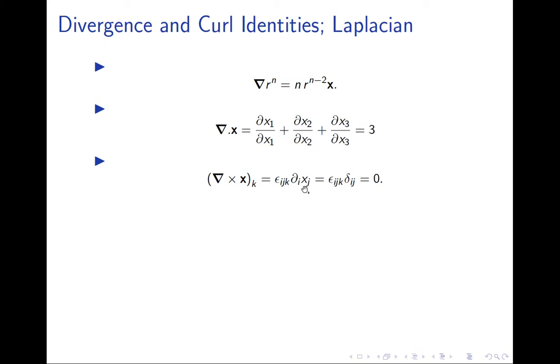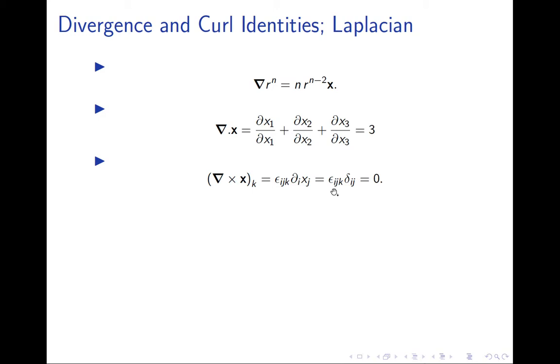Because when i is equal to j, it is equal to 1, and when i is not equal to j, it is equal to 0. That is exactly what the Kronecker delta is. So del i xj is delta ij. But then this quantity is equal to 0. Why? The reason is that the Kronecker delta ij is symmetric in i and j, and epsilon ijk is antisymmetric in i and j.